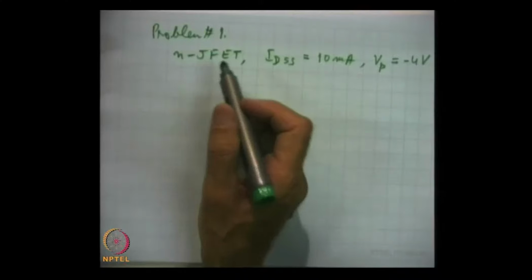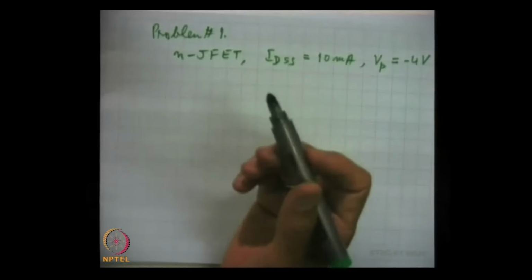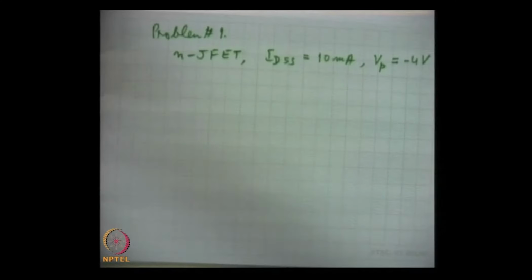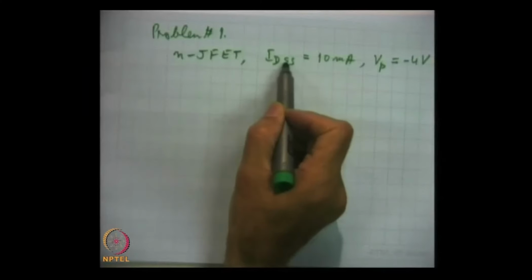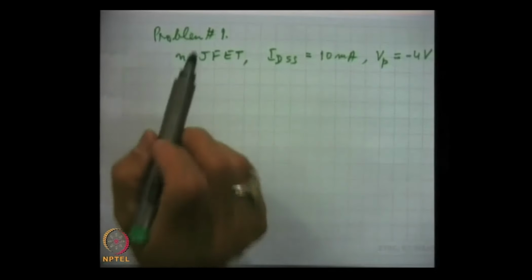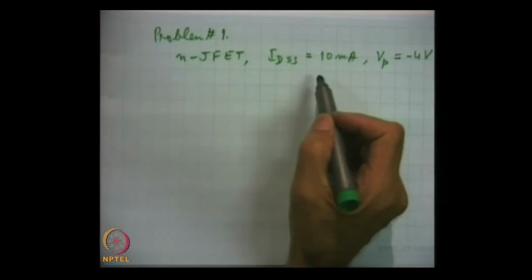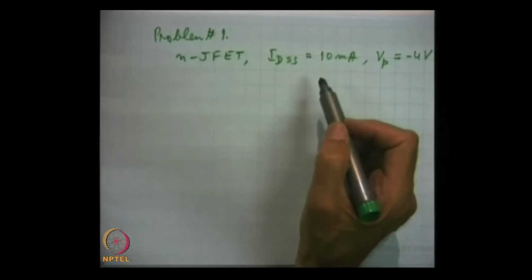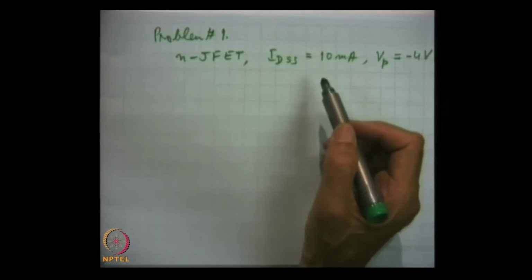You remember the structure of the junction field effect transistor. There is a drain, there is a source, and the channel is implanted, and when the gate is shorted to the source, then the drain current is the maximum, and when we operate this with smaller, more negative voltages, then the drain current falls.